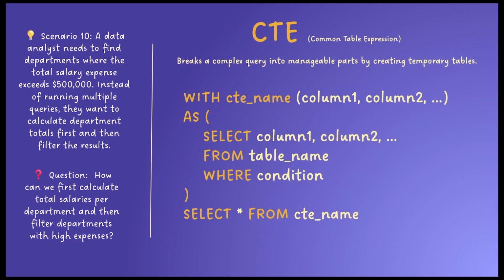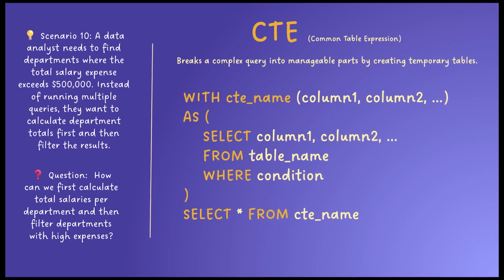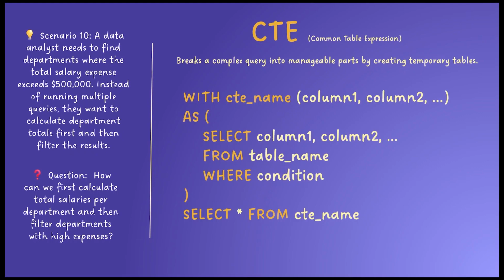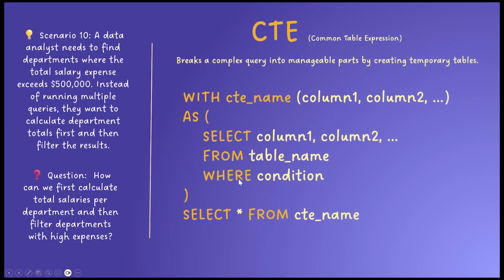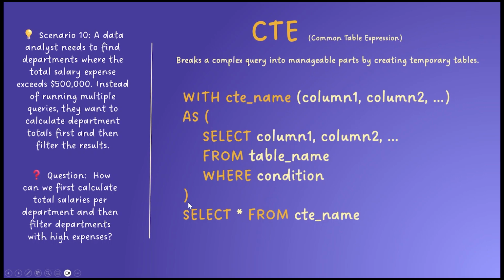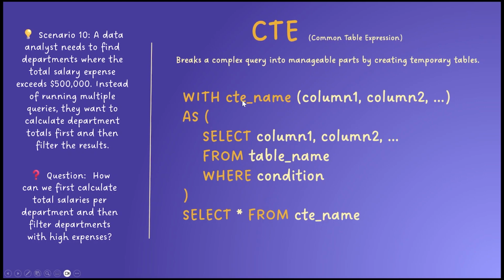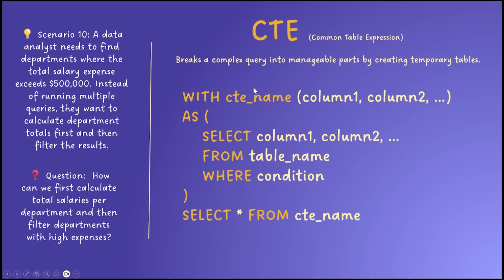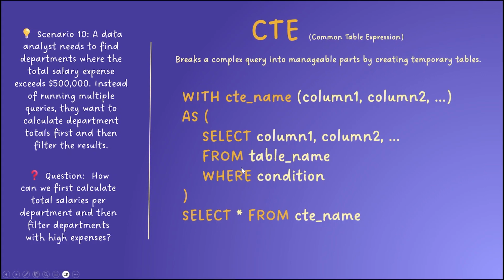We have WITH, then the CTE name, and inside the AS we have one set of queries, and we are naming this as the CTE. So all this query will be recognized with the name that you mention over here. And then towards the end, you can use this query with select star from CTE, just like you would use any other table.